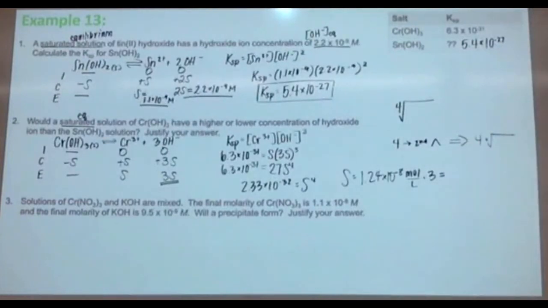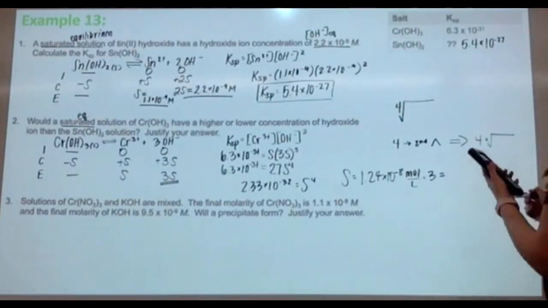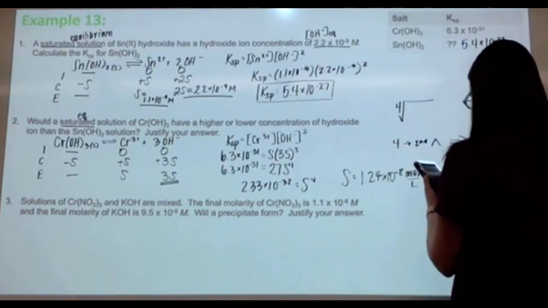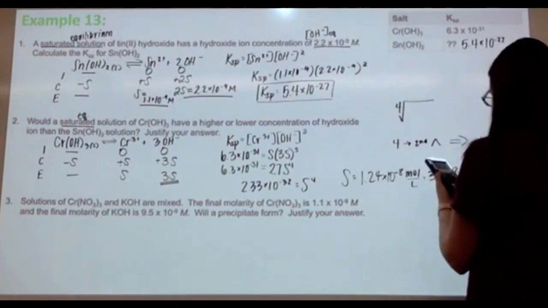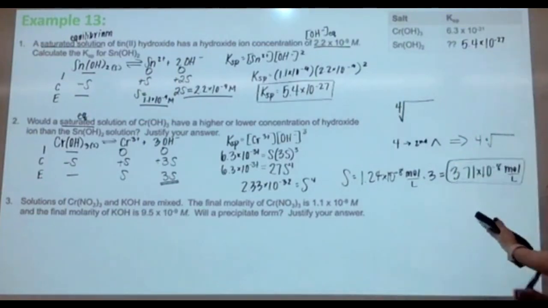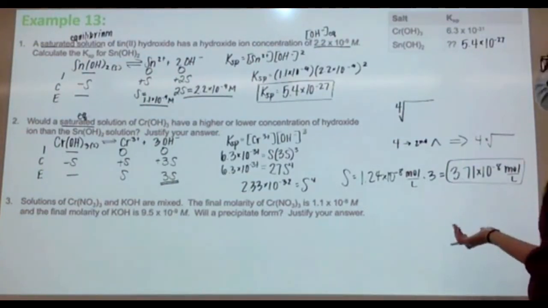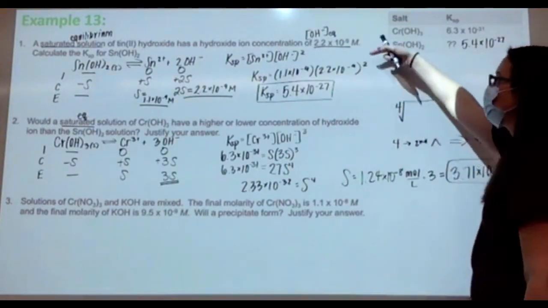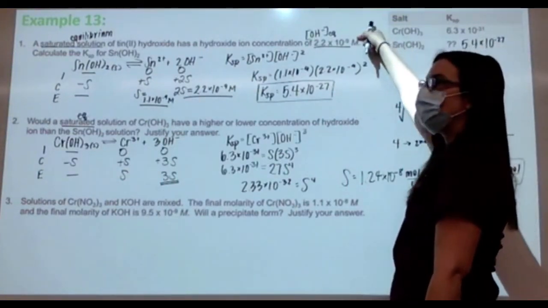The goal here is to figure out how the hydroxide ion concentrations compare. 3.71 times 10 to the negative 8. So here's my hydroxide concentration for chromium hydroxide. And the question is, would chromium hydroxide have a higher or lower concentration than what we had up in number 1?